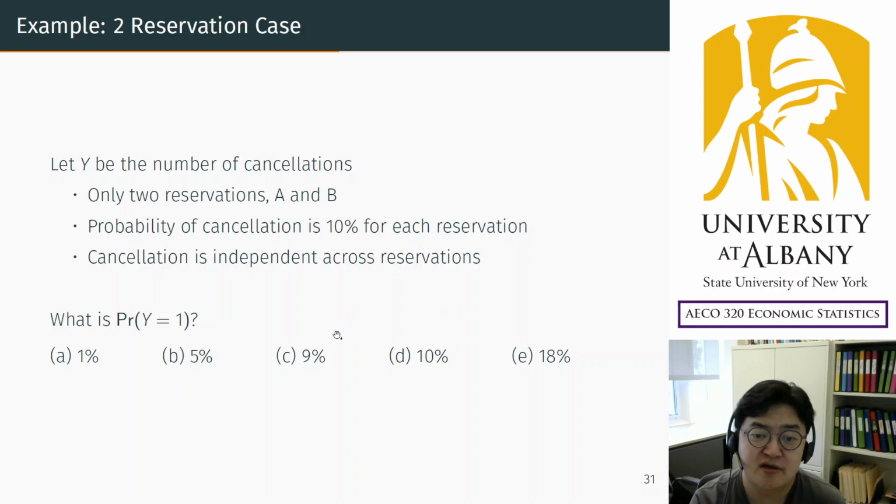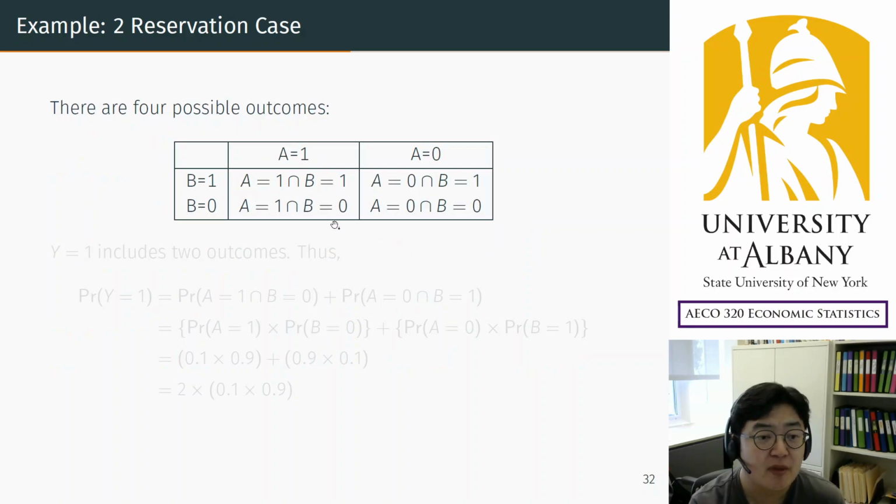Because we just learned that the probability that A cancels but B does not equals 9%. So you may think the answer is C. The correct answer is 18%. Let me explain why. Why it is 18%, not 9%. That's because there are 4 possible outcomes.